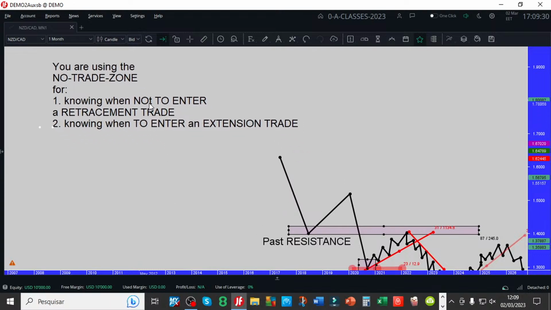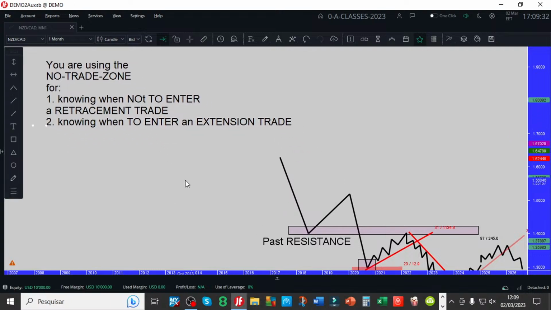Everybody, you are using the no trade zone for number one, knowing when not to enter a retracement trade, number two, knowing when to enter an extension trade.